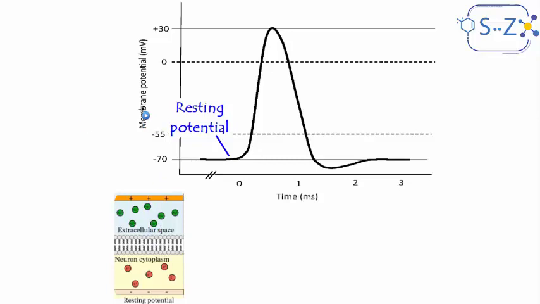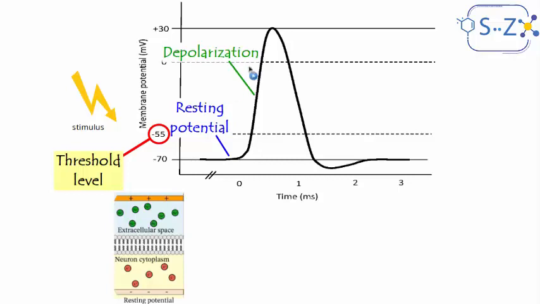But when a stimulus takes place, and this stimulus is equal to or above the threshold level, which is minus 55 millivolt, the resting state changes, and we see a depolarization, where the potential difference increases rapidly and reaches the peak, which is plus 30 millivolt.